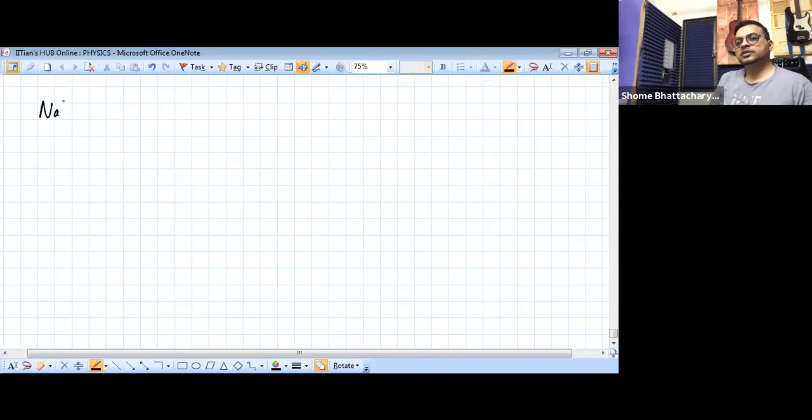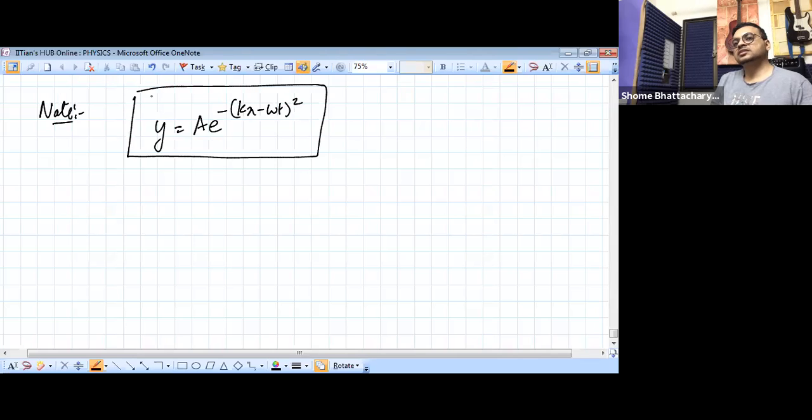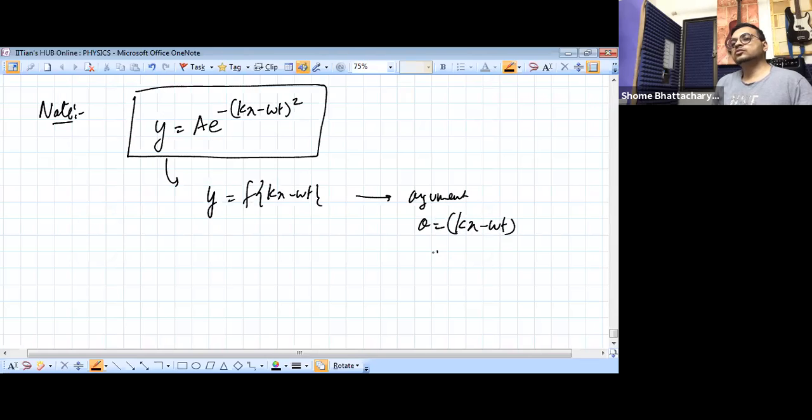But before that, we can see that this is a function of this type, where the argument of the function is kx minus some constant into t, or you can write that as k into x minus vt.